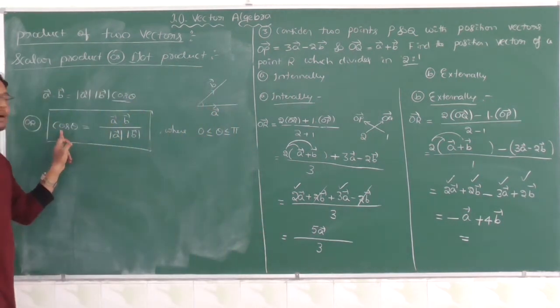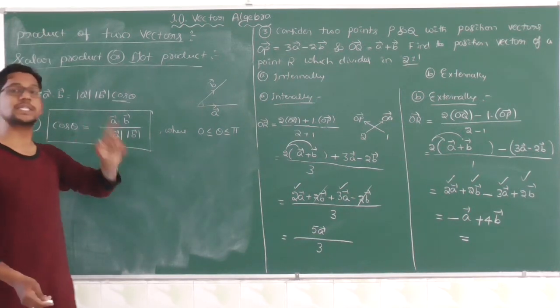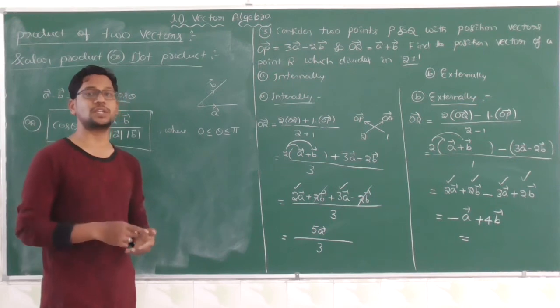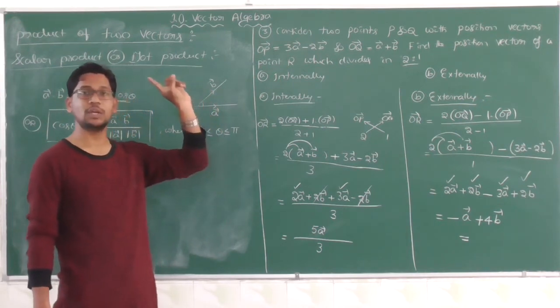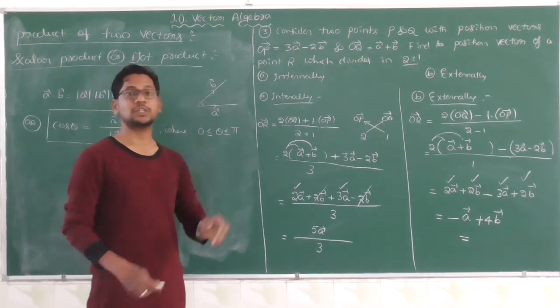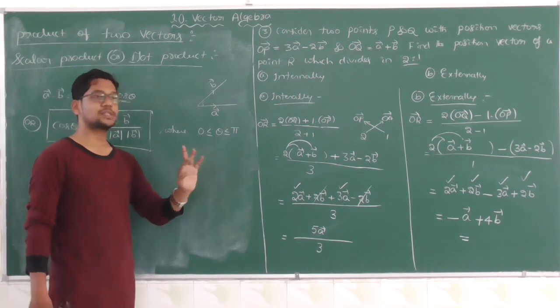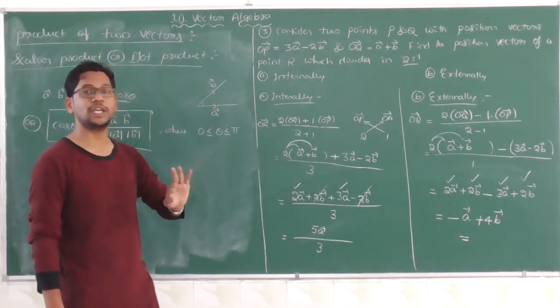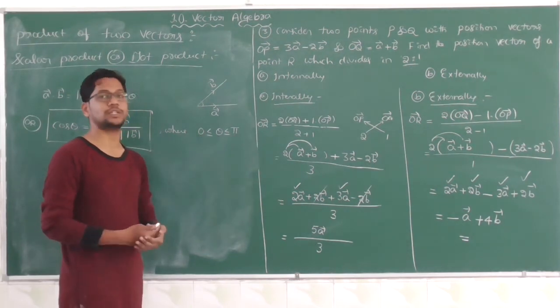If we take this cos to the right, it will become cos inverse. What is the cos inverse range? Cos inverse range is 0 to 180. We have already discussed this in the inverse trigonometric functions. That is why I have written 0 to 180.